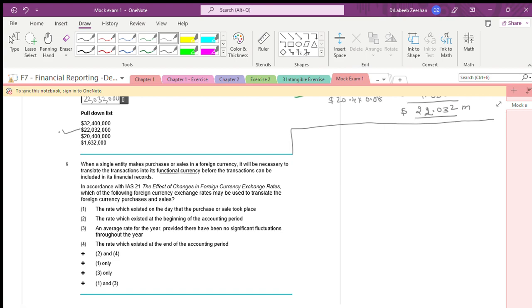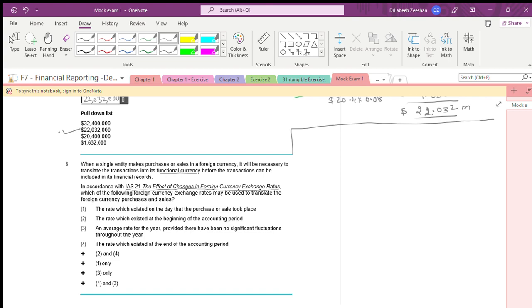In accordance with IAS 21, the effect of changes in foreign currency rates: which of the following currency rates may be used to translate foreign currency purchases and sales?